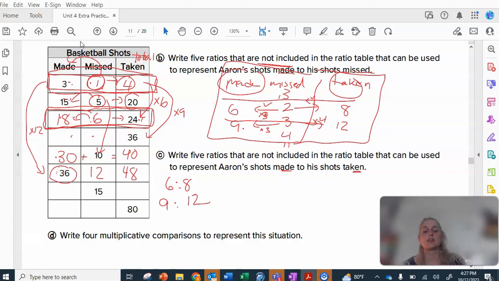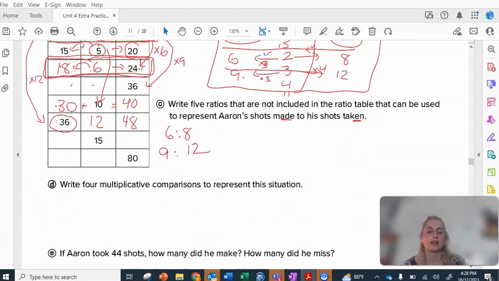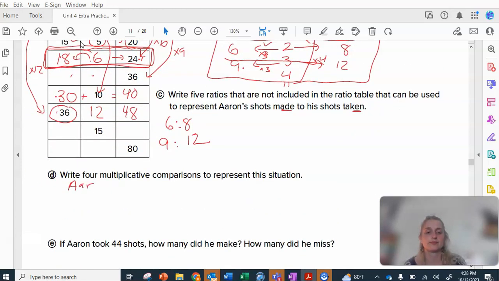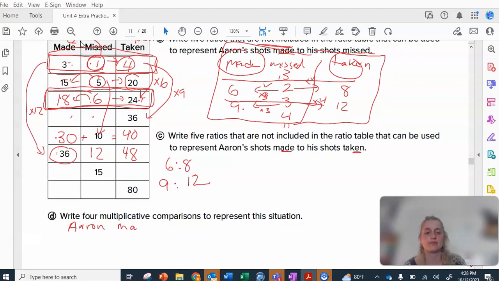Write 4 multiplicative comparisons to represent the situation. I'm going to say that, what's this kid's name? I forget. Aaron. Aaron made 15 fifths, because I pulled that from the same one, as many shots as he, what's this 5?